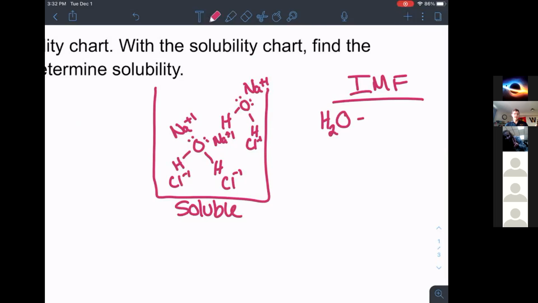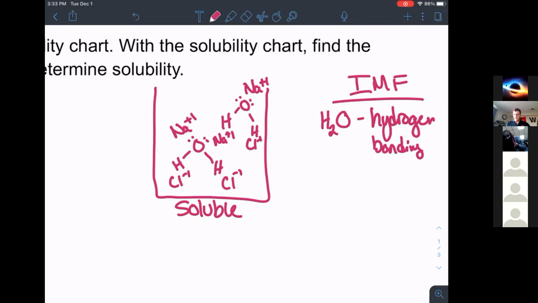Does anybody remember any of those intermolecular forces? Hydrogen bonding. Which one? Hydrogen bonding. Hydrogen bonding, perfect. Any other ones? All right, so the first one that I would always come up with, what were you saying, Raul?